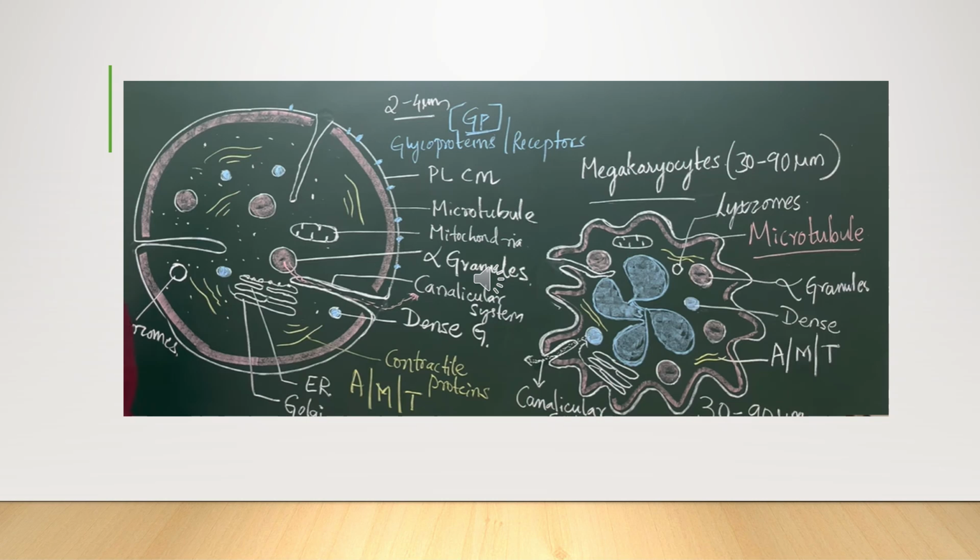They store basically fibrinogen, von Willebrand factor, platelet derived growth factor, etc. Then there are dense granules, which are smaller, and they store ADP, ATP, calcium, etc. The cell membrane of the platelet has glycoproteins that act as receptors. These receptors bind to chemicals like collagen, thrombin, ADP, or anything that can activate platelet.